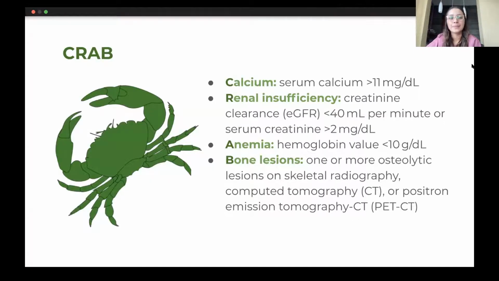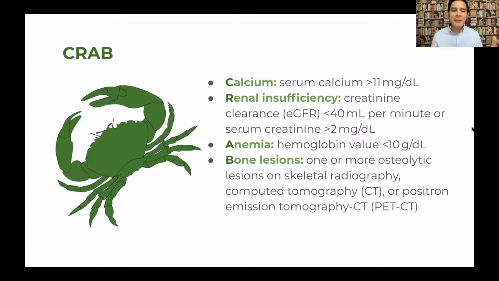Arturo? Thanks. Well, CRAB is a mnemonic device used to remember how to identify organ damage in patients that have myeloma or a precursor condition. A patient with symptomatic myeloma will usually have at least one of these signs.